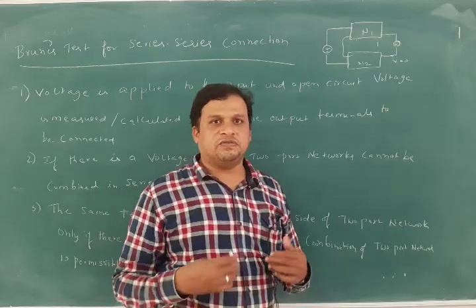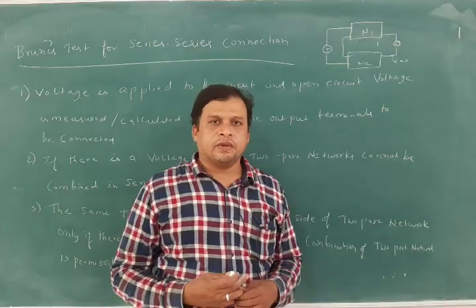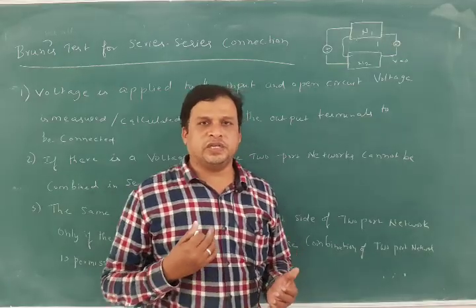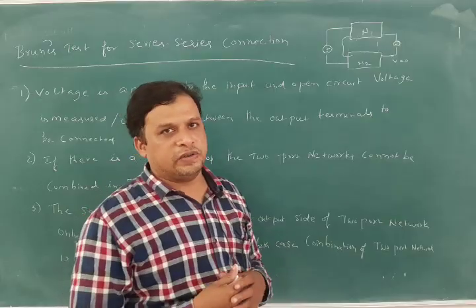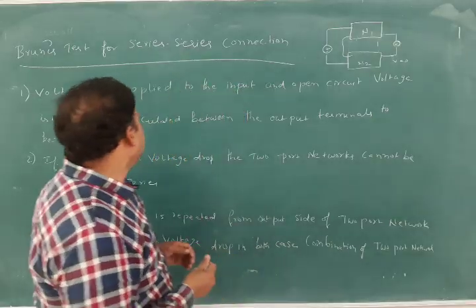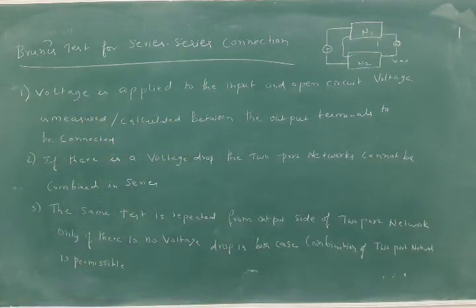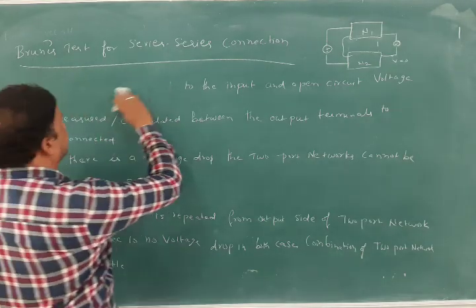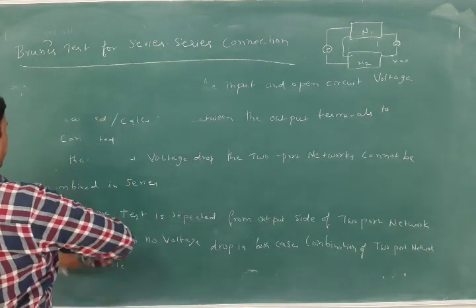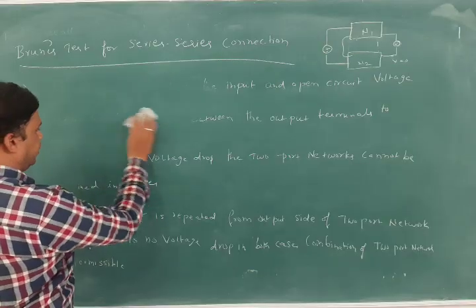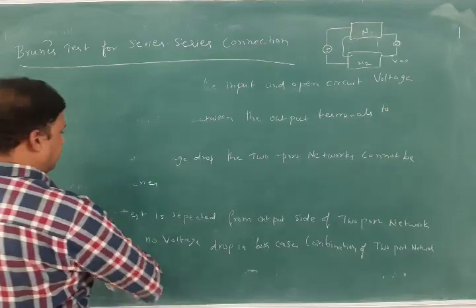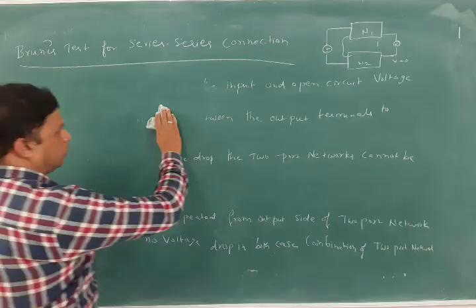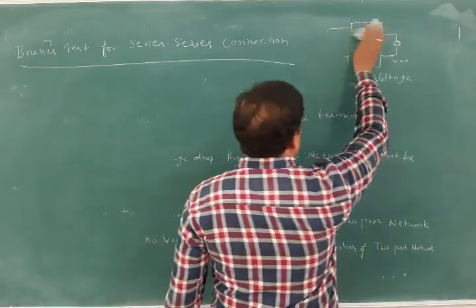Now we will see the Brune test for a successful series connection of two-port networks. We draw a two-port network and see whether the rules we have talked about are satisfied.